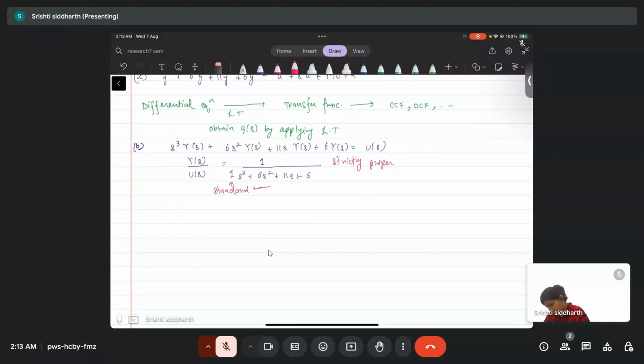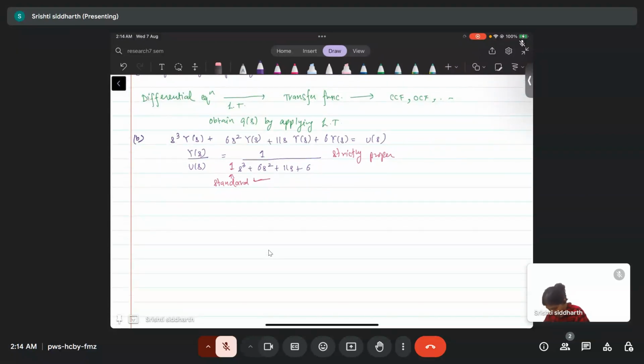Alright, so we now know how to obtain the CCF forms. A third order system: 0, 1, 0, 0, 0, 1, minus 6, minus 11, minus 6. B is straightforward, 0, 0, and 1. Now let's talk about C. Just remember the general formula.